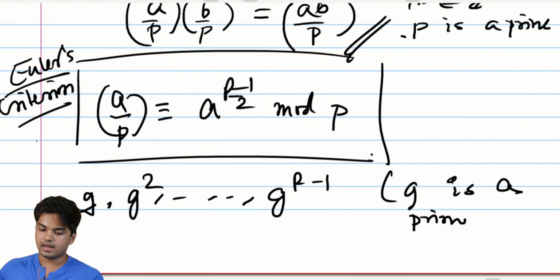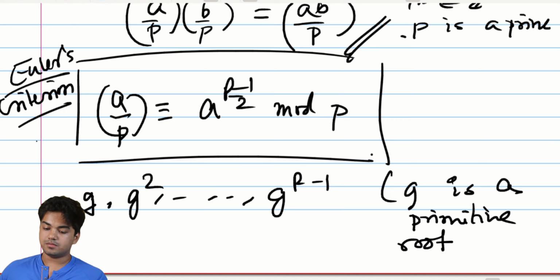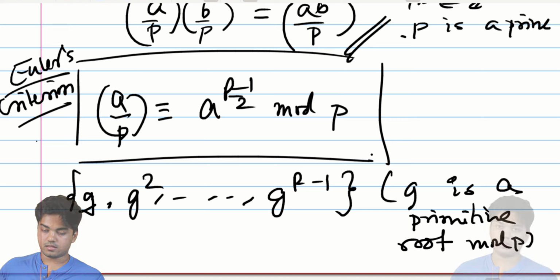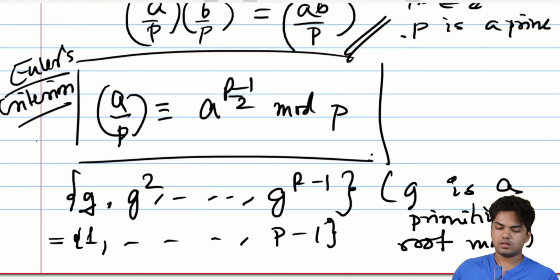I made that claim. I did not prove it because it's a hard proof, and I asked you to look it up, and I hope you did. If G is a primitive root mod P, then G generates the group of residues. So the powers of G, from 1 to P minus 1, give all the non-zero residues mod P, in some order.